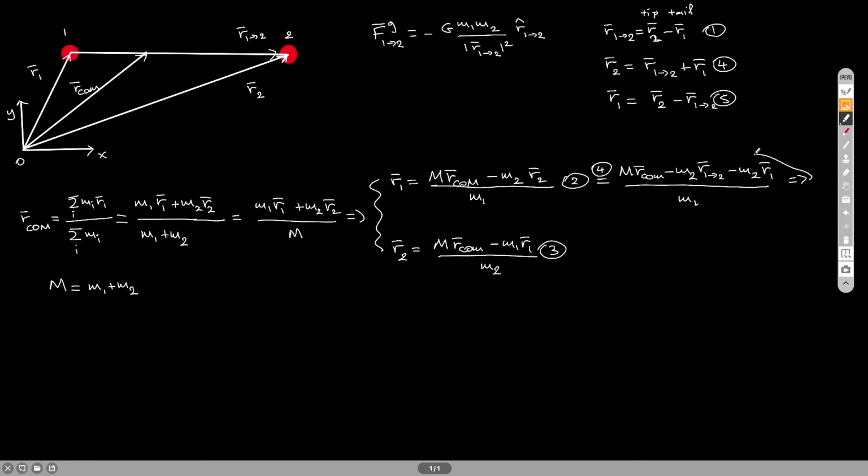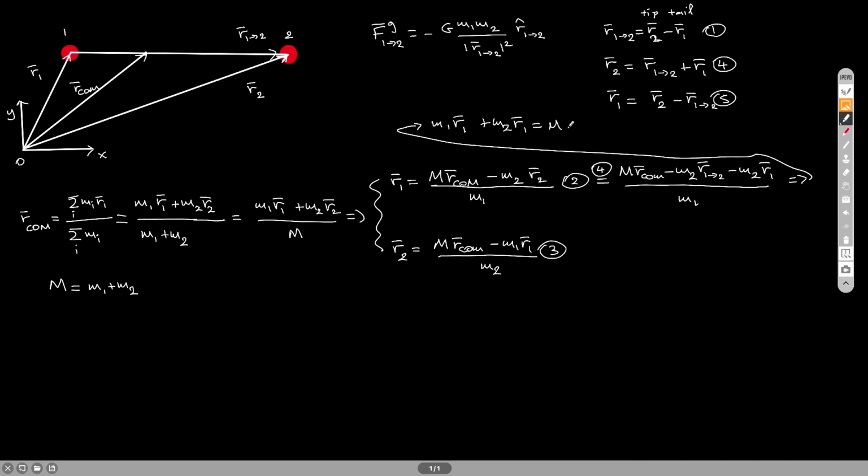Okay, I'm gonna move on here because I have space. I decided I'm gonna move M1 times R1 to the left side, and then I'm gonna bring this term to the left side as well. So it's gonna be plus M2 R1.